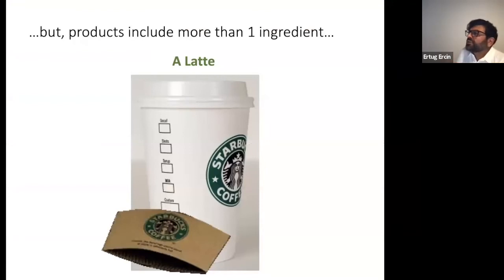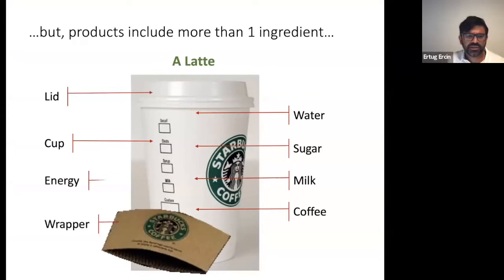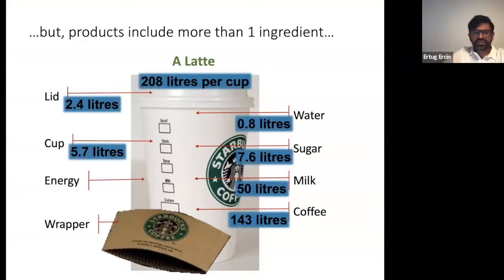Of course, you can ask the question: I use this amount of water, but I have water. For example, take a latte, in which you can see lots of ingredients in the supply chain. The water footprint of a latte is 208 liters, approximately, globally. It comes mainly from the coffee, the milk, and the sugar.